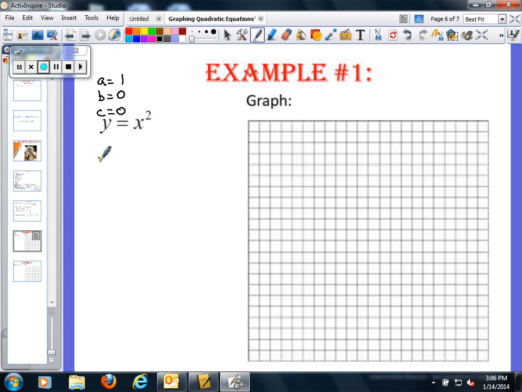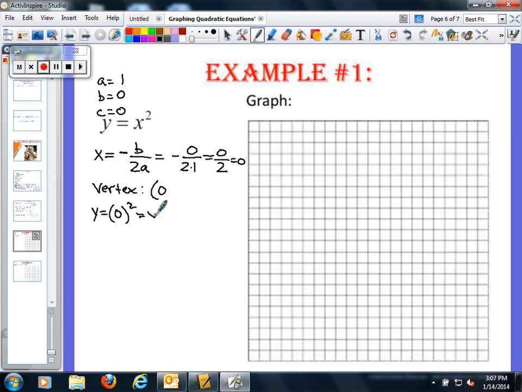So now my x coordinate for my vertex is negative b over 2a, which is negative 0 over 2 times 1, which is just 0. So that means for my vertex, my x value is 0. And if I plug 0 in for the x value, I get that y equals 0. So my vertex is going to be the point 0, 0.